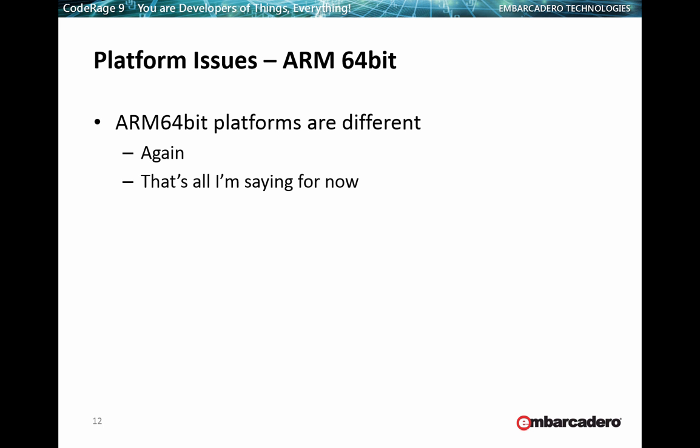ARM 64-bit. So ARM 64-bit platforms are, again, different. In particular, iOS 64-bit platforms no longer use the setjmp/longjmp scheme, and that's all I'm going to say for right now.